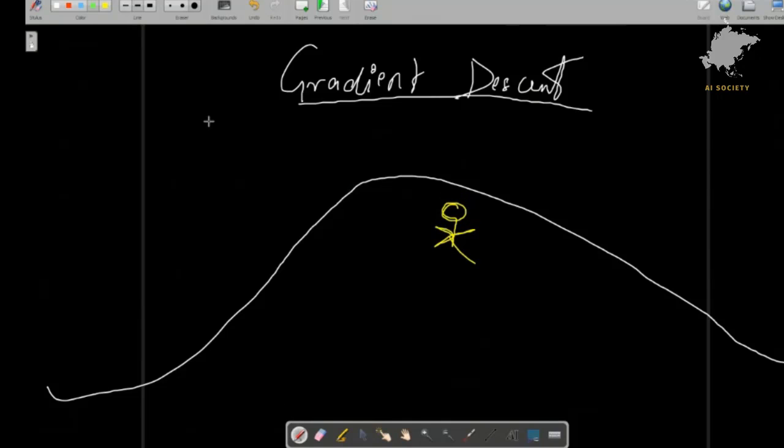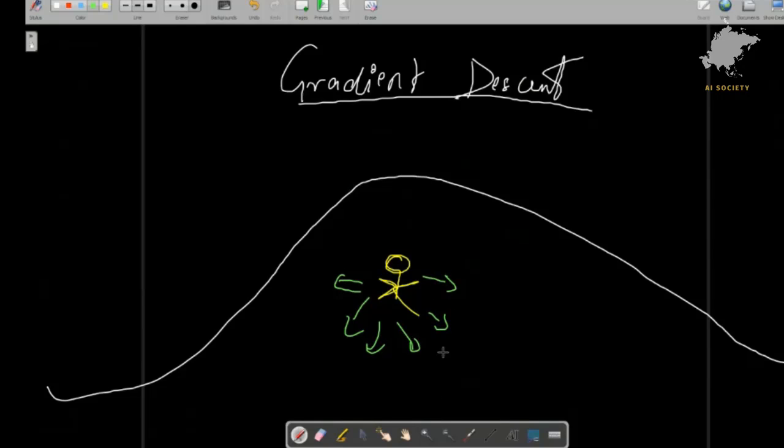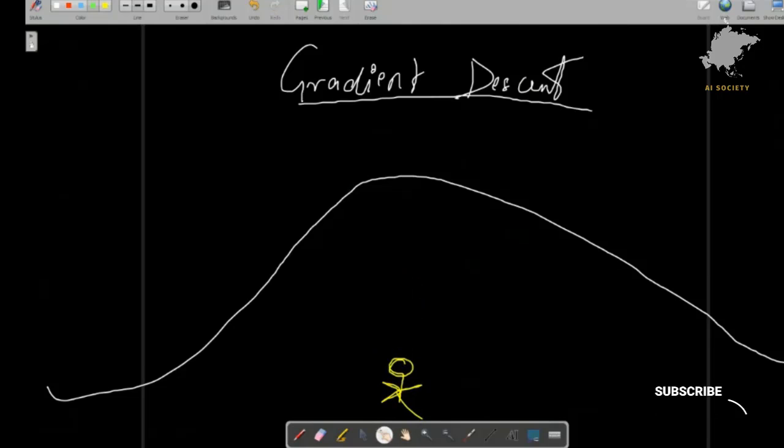Then again you look at multiple directions, and you decide I want to go in this direction, so you simply move in it. Again you look for multiple directions, and this time you move in this direction, and let's say you reach the bottommost point of the mountain.